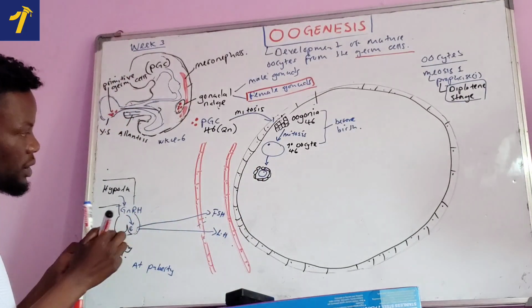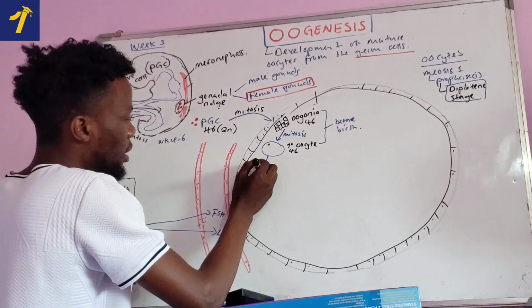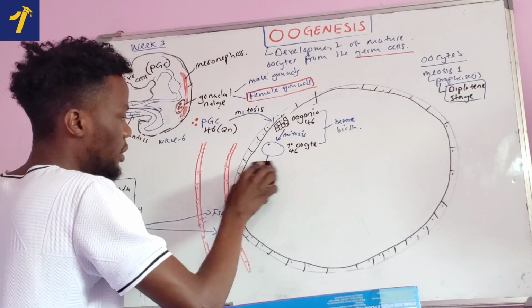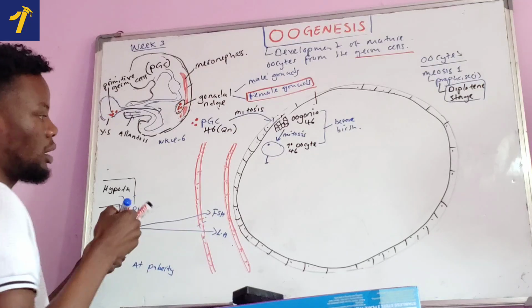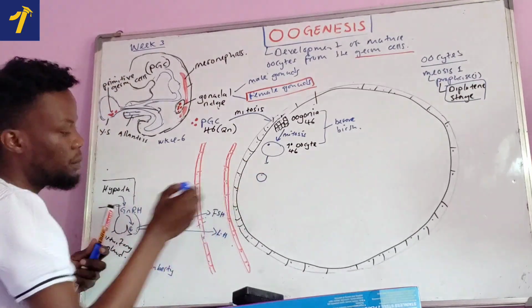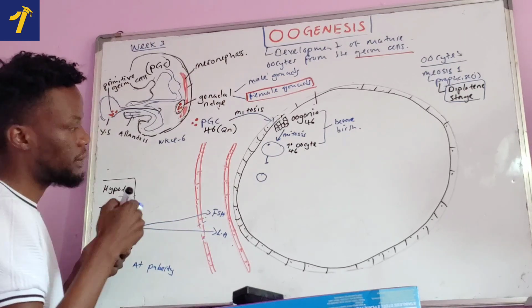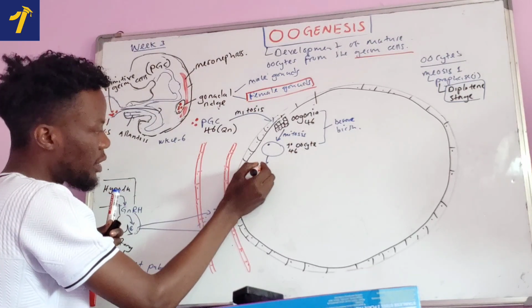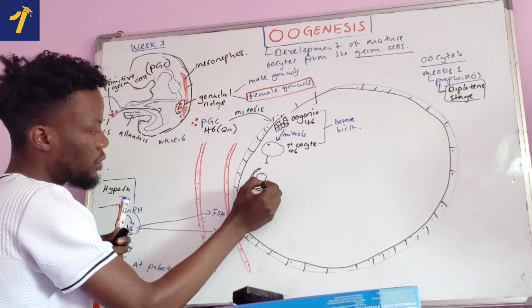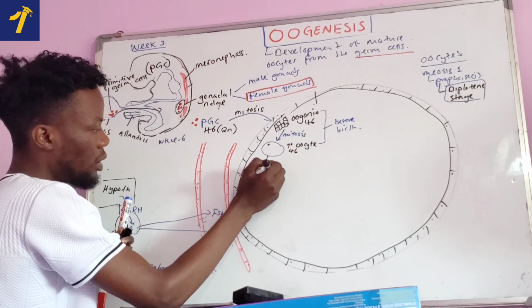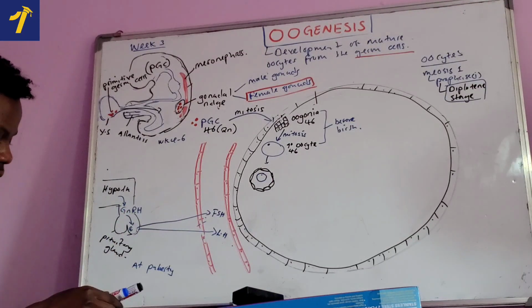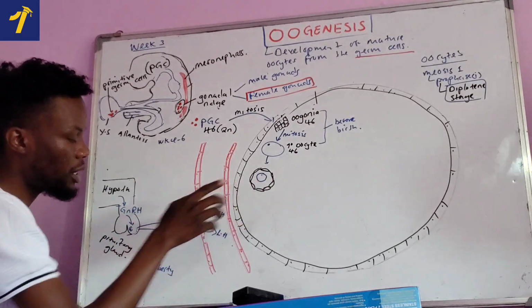Okay, this is the primary oocyte, then it's going to be surrounded by the flat cells that are surrounding this primary oocyte.